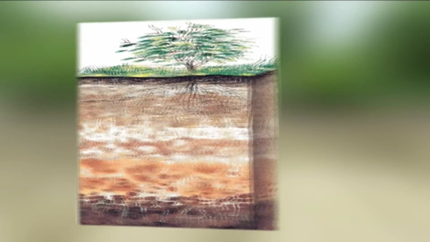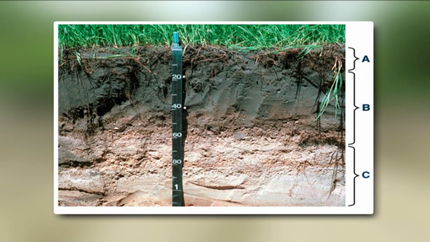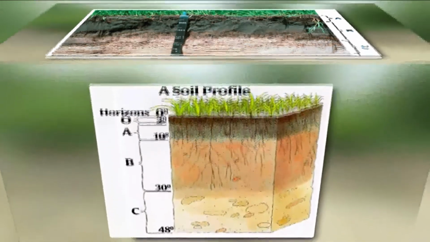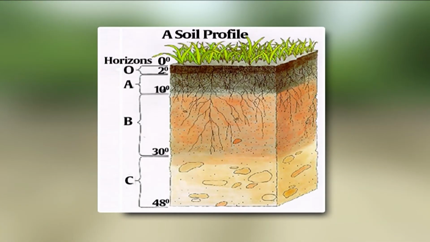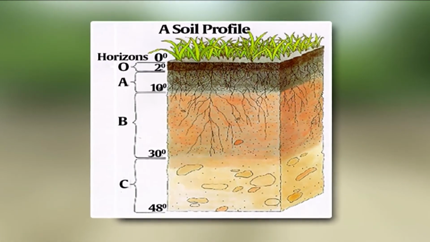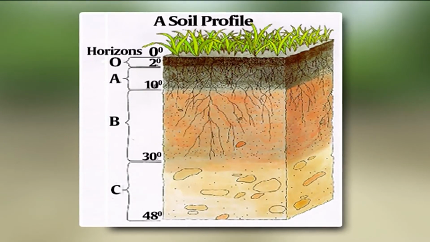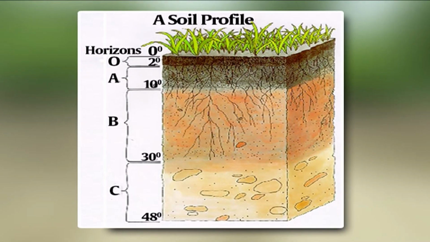And let me remind you, by horizons or layers, what we mean is they are distinct layers which are present in a soil profile. In fact, horizons result from soil formation, and the distinct horizontal layers present in a vertical section of a well developed soil comprise what you call the soil profile.